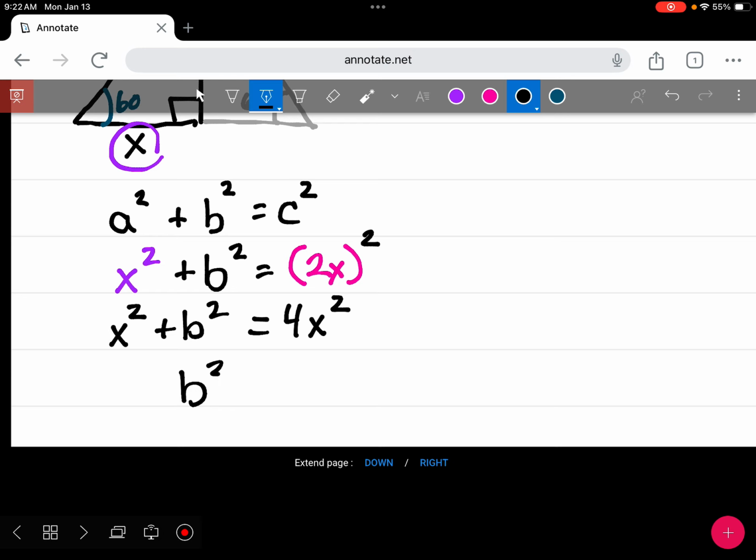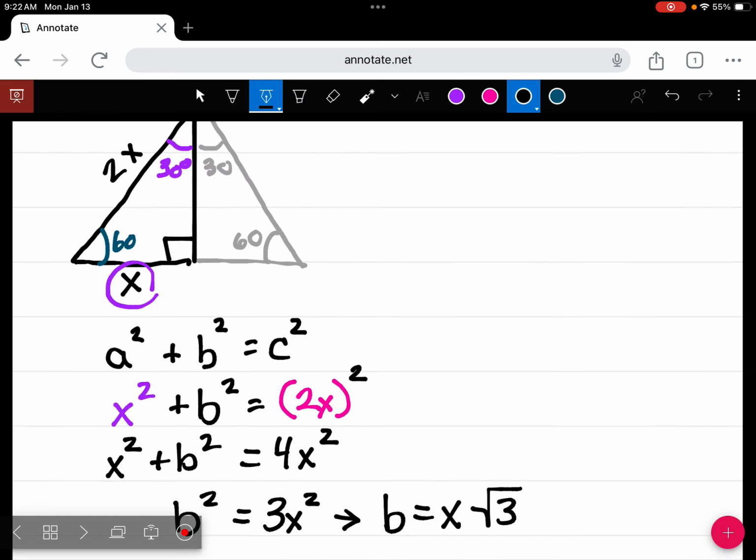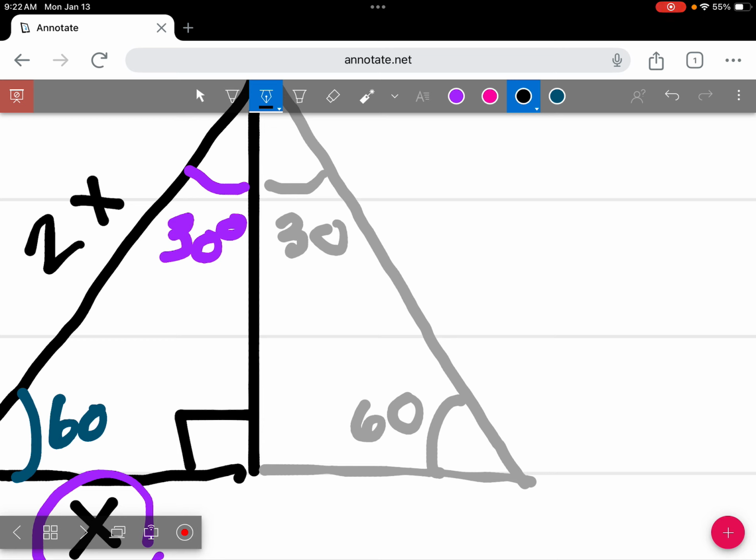So we're going to have that our b squared equals 3x squared. So what is b going to be? Yes, our b is going to be x square root of 3. So this height over here is going to be x times our square root of 3.